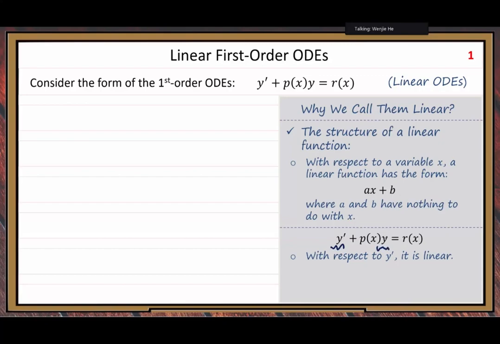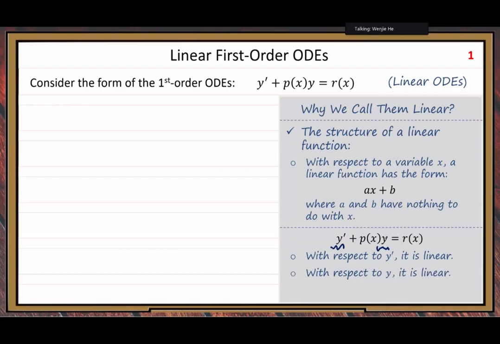With respect to y prime, it is linear, because other than y prime, all other things you can treat as constant. So you have the linear form.